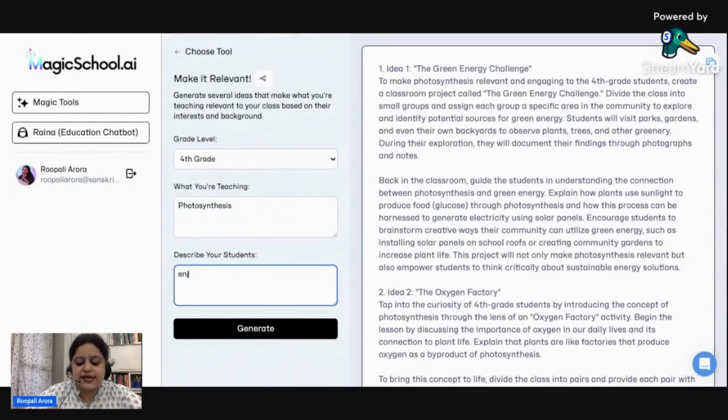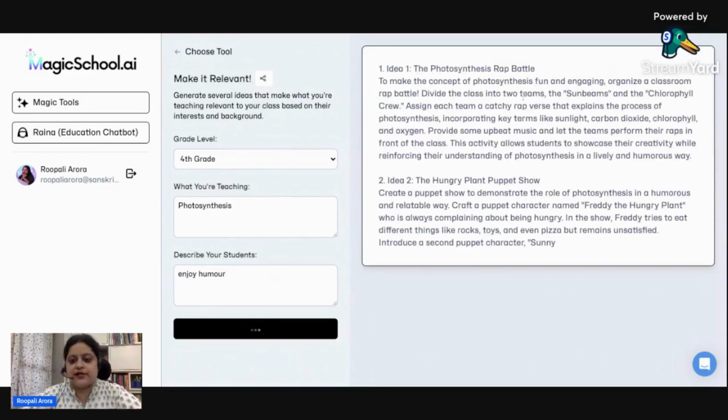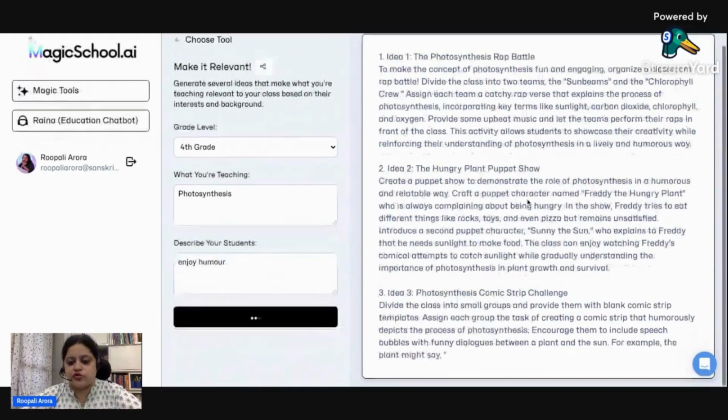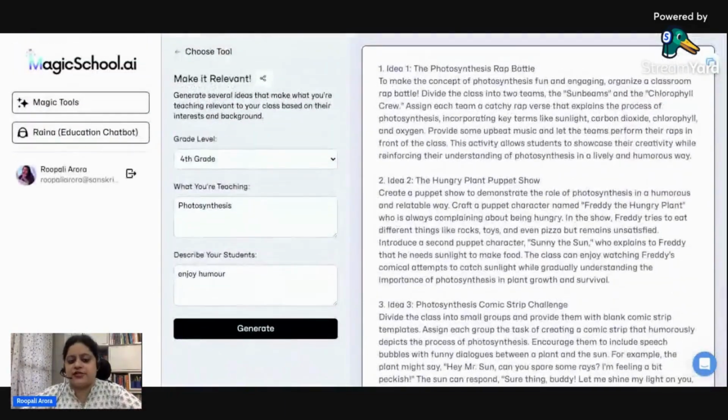What if I say that I really want my students to enjoy these lessons by adding some kind of fun element? I can just write enjoy humor and click generate. And then I will get different kinds of ideas like a rap battle, a puppet show, or a comic strip challenge. All these are ideas which can be helpful for a junior school teacher to teach photosynthesis in a very fun and enjoyable manner.